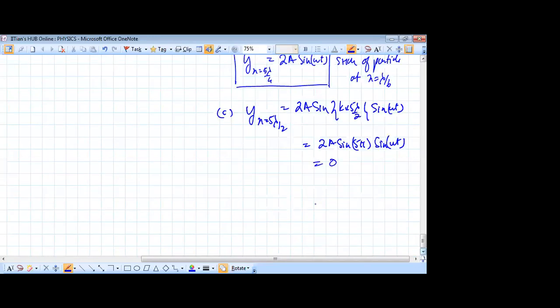So that's a node, as you already see in the formula. So nothing surprising about that. This is a node. So 5 lambda by 2.